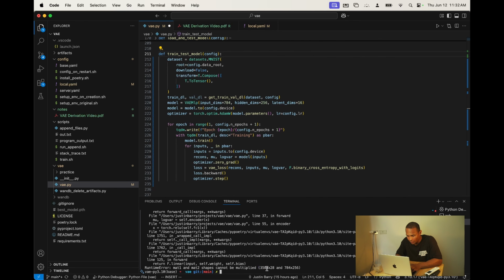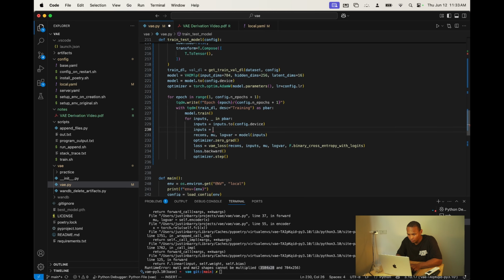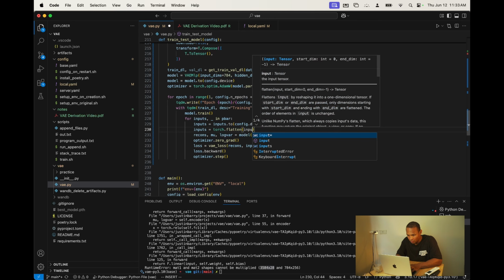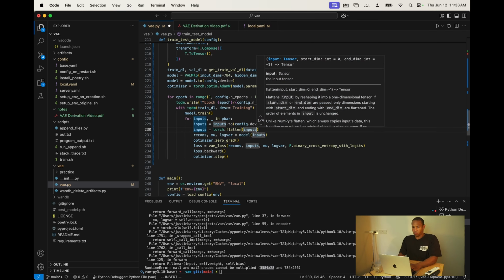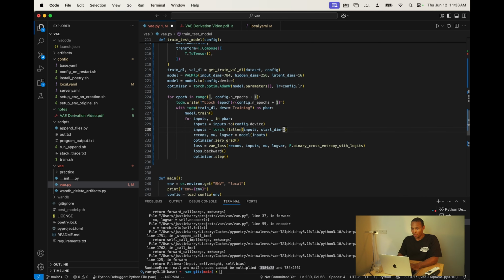Yeah, I didn't flatten the inputs. It's expecting, right, there shouldn't be any 28s in our data. Torch flatten, start dim on the channel dimension. So we're going to flatten starting at the channel dimension.